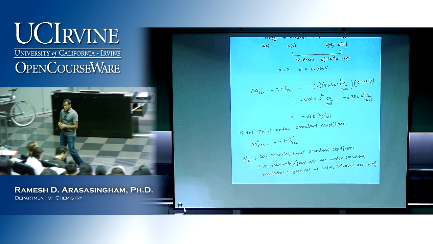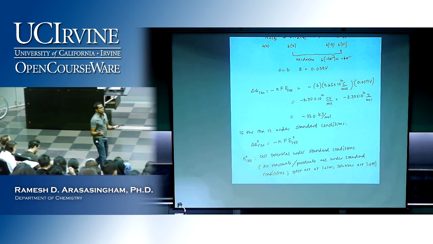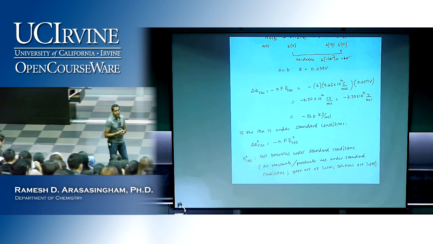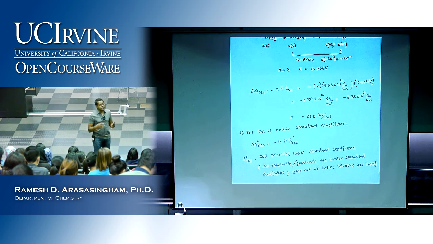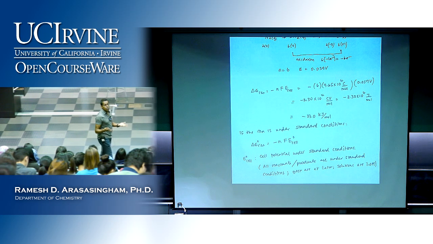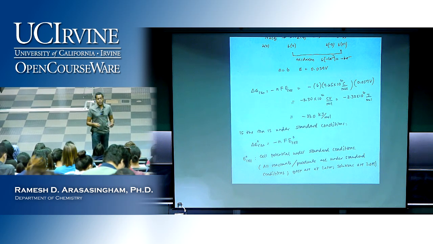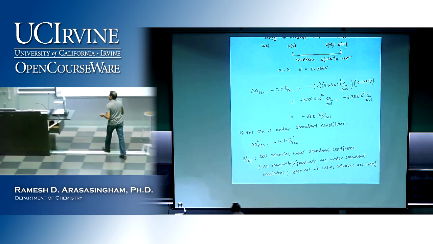So if you're dealing with galvanic cells and standard conditions, then your reactants and products have to be under standard conditions, and that would mean if you have gases involved, the pressure of that gas has to be 1 atmosphere. If you have any solutions involved, it's got to be 1 molar concentration. So copper 2 plus or Fe 3 plus aqueous solutions should all be at 1 molar concentration.